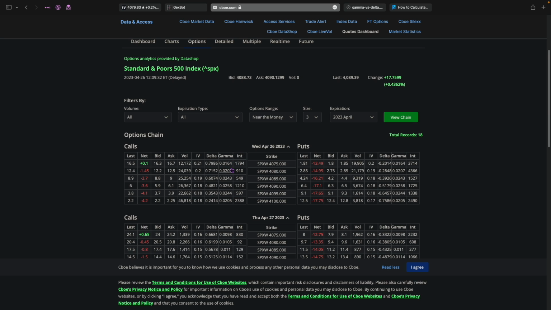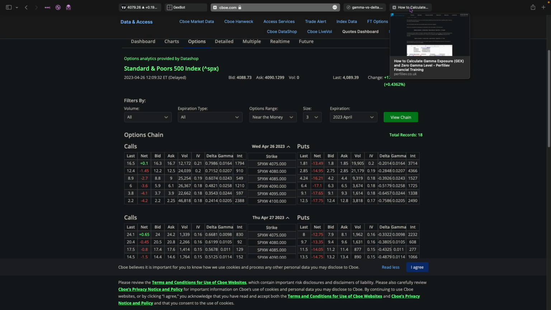Because we not only want to see what's the point of maximum exposure, but we want to adjust that point of maximum exposure for how many contracts are actually there. And then we'll also multiply it by a factor that'll tell us what the hedging obligations would be if price were to move.